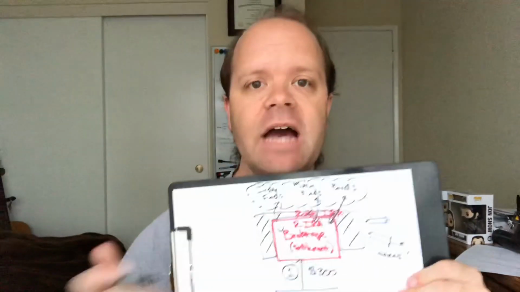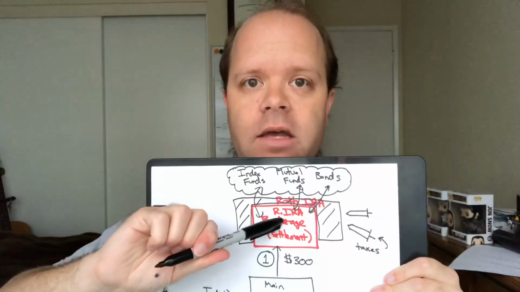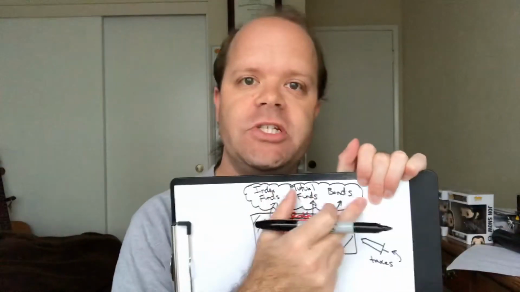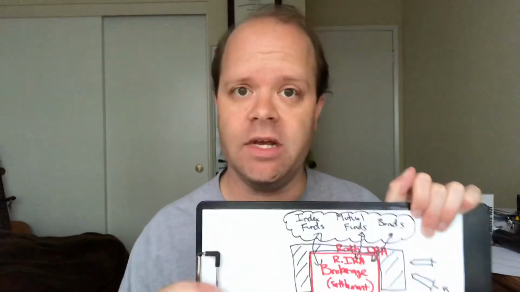Okay, now this is very important. The act of moving the money from the checking into the IRA, into the settlement account, is not investing. That is not when the investment happens. The investment itself happens when you buy shares of something here, when you buy index funds, or when you buy mutual funds or bonds or whatever it is.